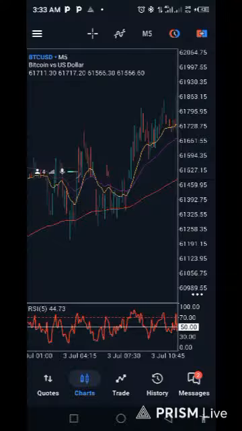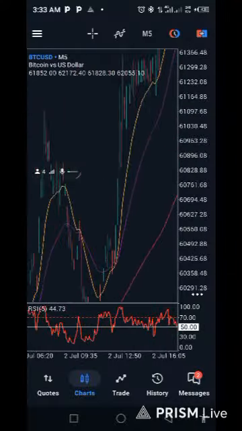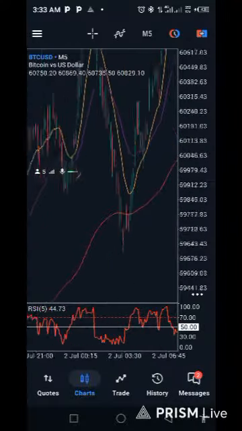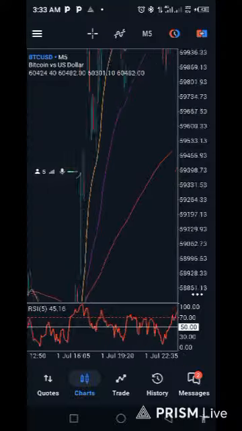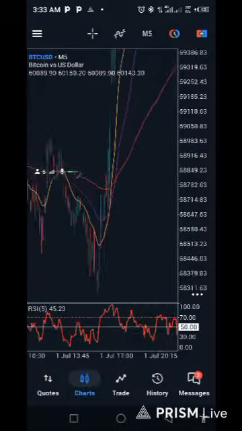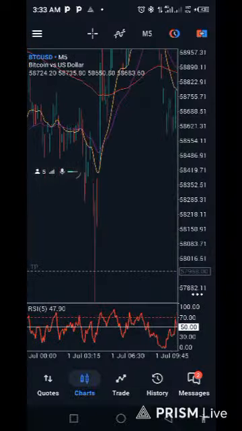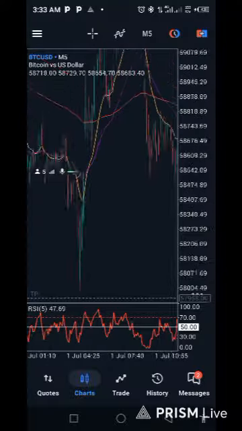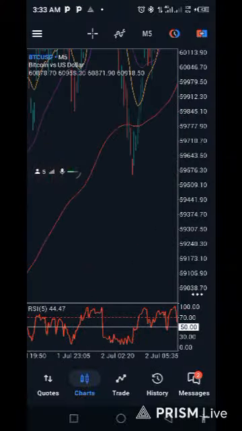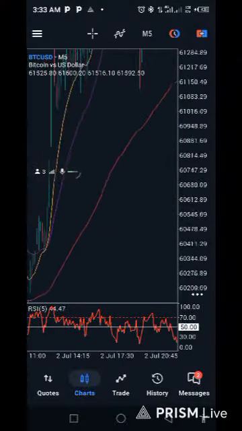Because each wave has its Fibonacci measurement. You cannot use the measurement for wave 3 for wave 4. You must know these things. If you want to understand Elliott wave, you must know how to use your Fibonacci. And if I want to draw those type of things, I don't use the 5 minutes time frame. I have to go to my higher time frame to draw it perfectly well.